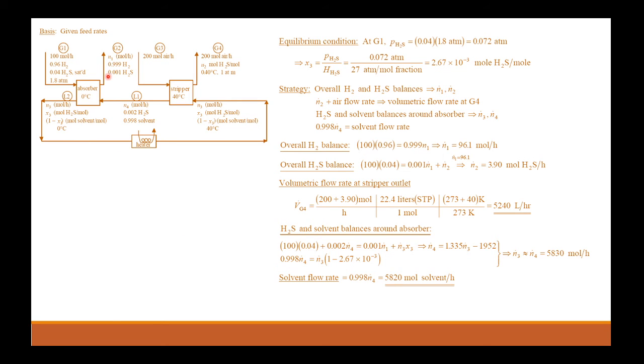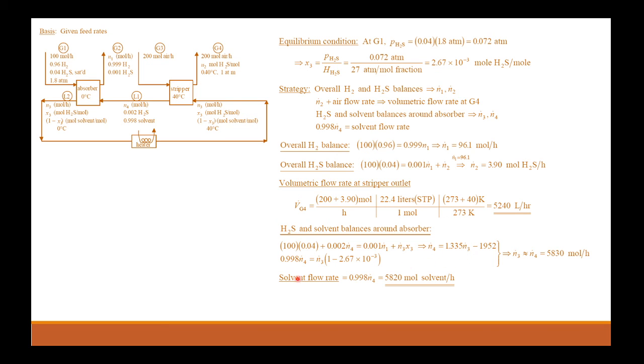Okay, at G2 here, you have your H2S, which is 0.001 multiplied by N1 plus N3 multiplied by X3, which we do not know. But we have already found X3 from here. X3 is 2.67 multiplied by 10 to the power negative 3. N3 is coming up from here, and we rearrange the equation, simplify it, and we get this equation out.